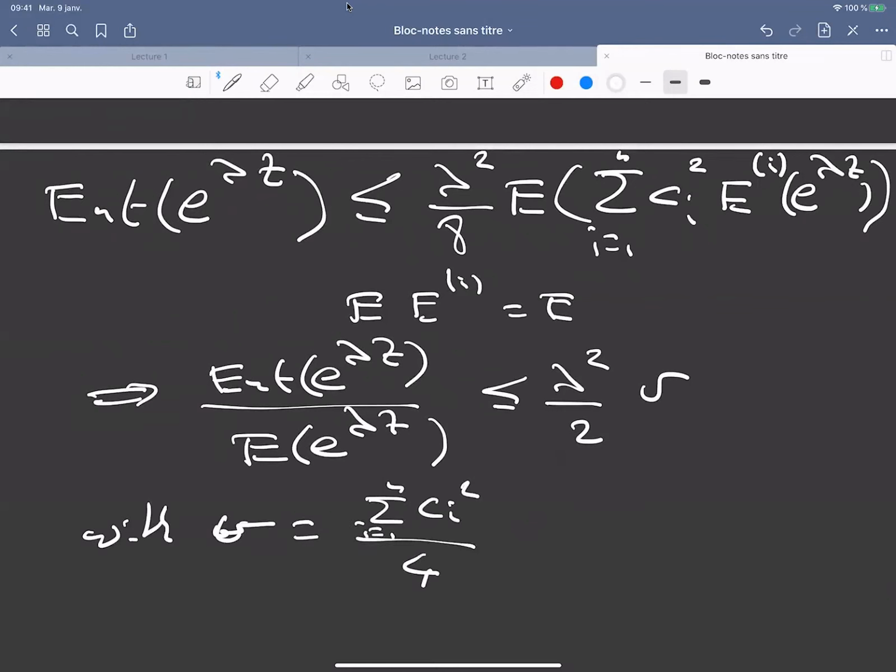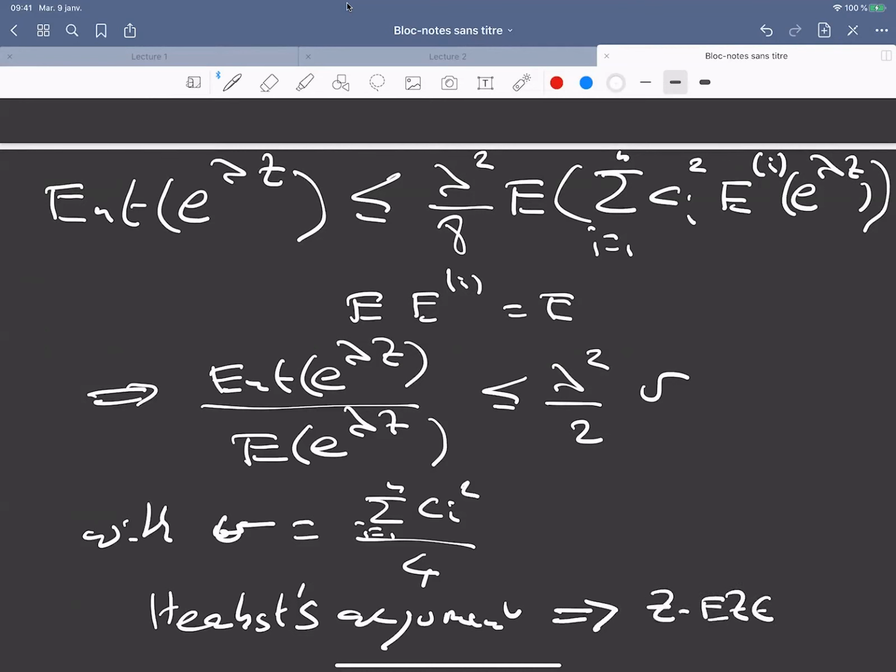And therefore, Herbst's argument implies that the variable is sub-Gaussian with variance factor equal to v, and the proof of McDiarmid is completed.